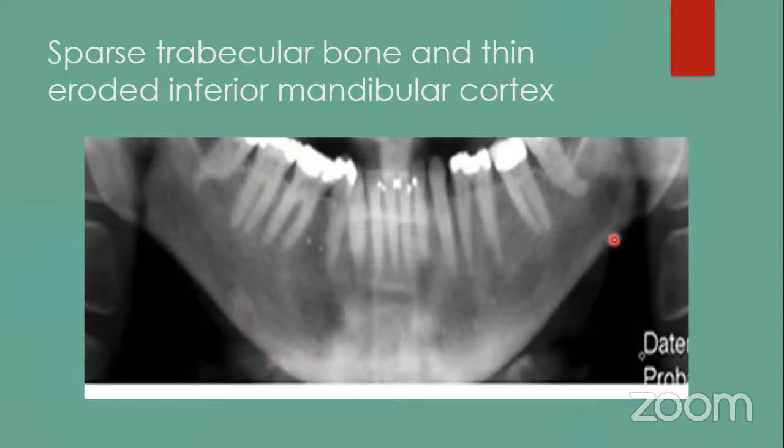It's not well delineated like in the other radiographs that we have checked before. You can also see the marrow spaces. They appear a bit larger. You can see the bone pattern is looking a bit more dark. So the marrow spaces are larger, and the trabecular bone has reduced.